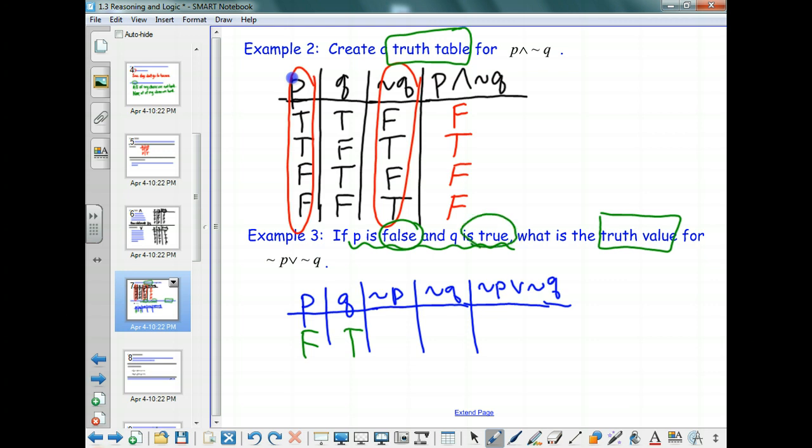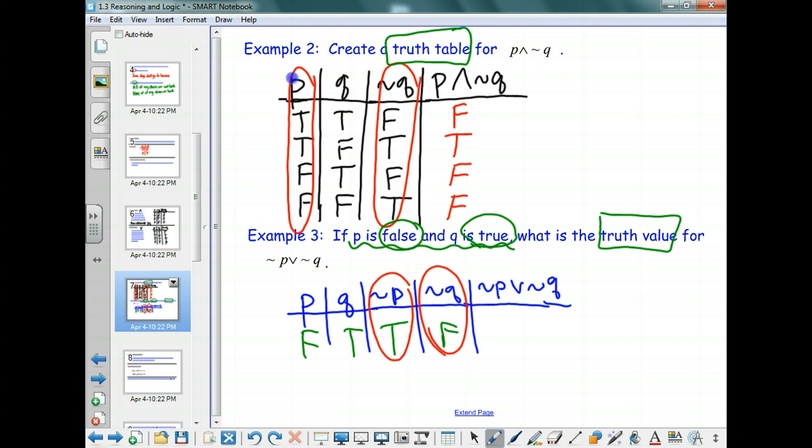No other possibilities are happening. P's false, Q's true, end of story. If P's false, what is tilde P? True. And if Q is true, what is tilde Q? False. And then the last statement wants me to join these two statements together with the disjunction, or.